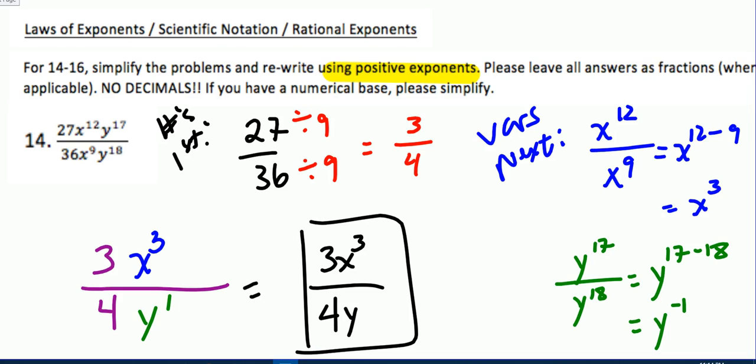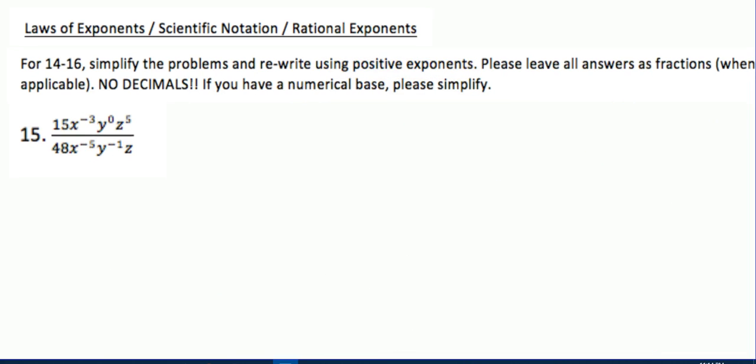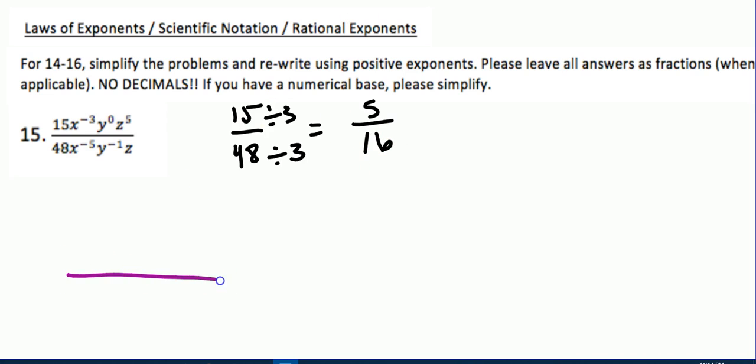Number 15. Okay, again, numbers with numbers, so I'm going to deal with 15 over 48 first. I think I could take out a 3. And again, you should have a calculator. I'll set up my answer down here. So there's a 5 on top, 16 on bottom. Oh, negatives, that's not fun.